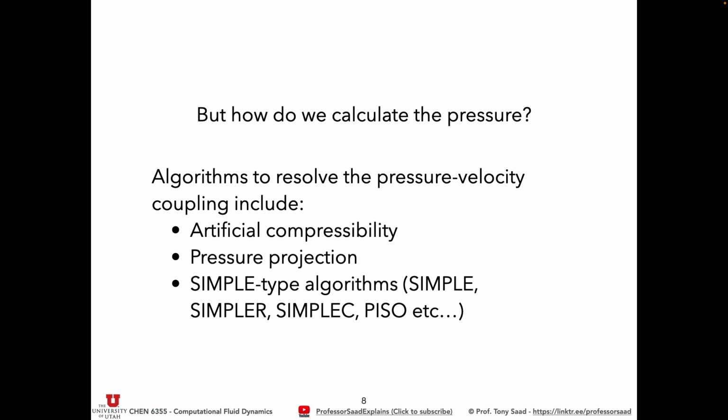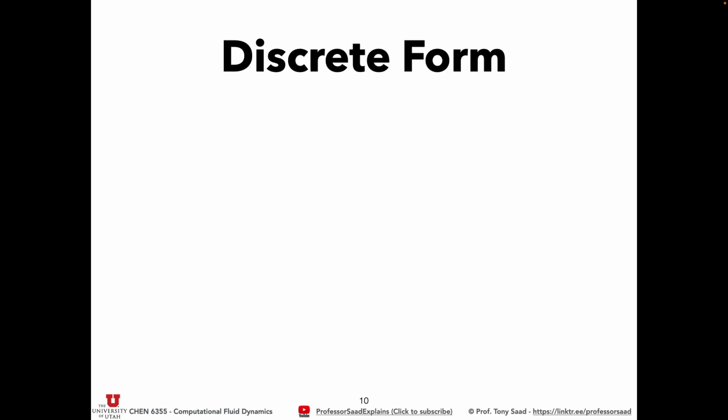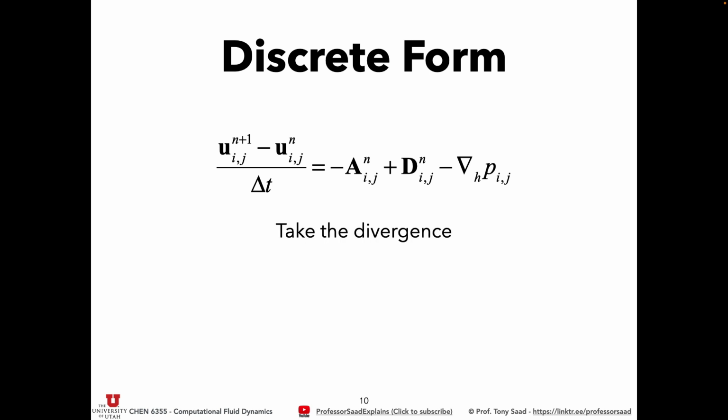Okay, so let's talk about the projection method. I'm going to go back to this discrete vector form. Now, we still have the continuity equation that we did not use, that div u equals 0. And we just said that we want div u^(n+1) equal to 0. So what if we take the divergence of this equation? It's a proper operation; we can apply a spatial operator on this.